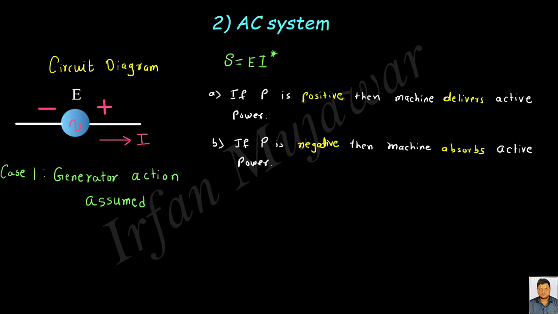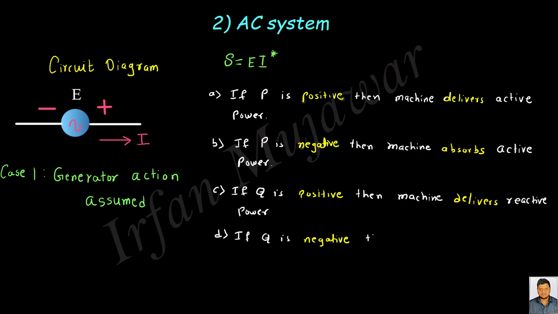Remember, P is the real power or active power. Same thing we can write for reactive power. If Q is positive, then it means the machine is delivering the reactive power, whereas if Q is negative, in that case the machine will absorb the reactive power.